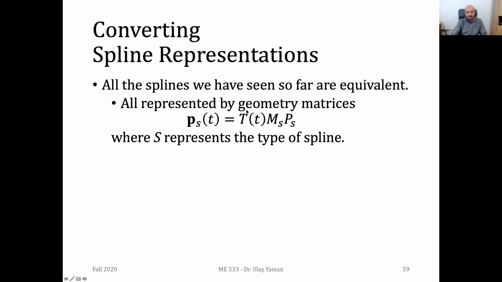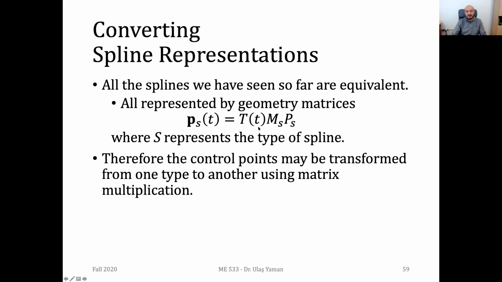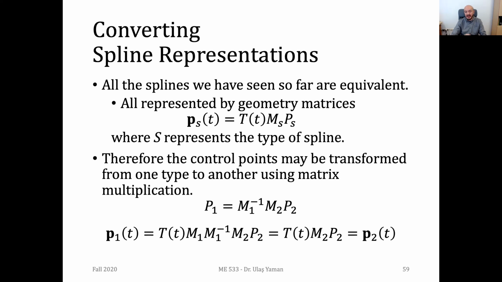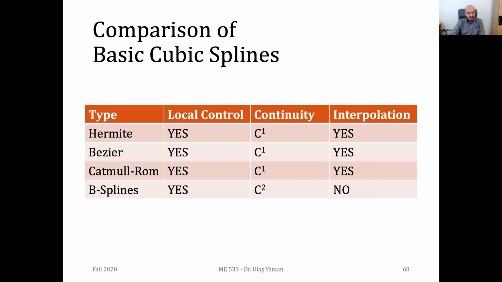And we have the parameters here inside T of T. By doing a proper conversion between the matrices, you can easily convert one type of curve, let's say a Bezier curve, into Hermite, or Hermite to a Catmull-Rom spline, by having different control points.